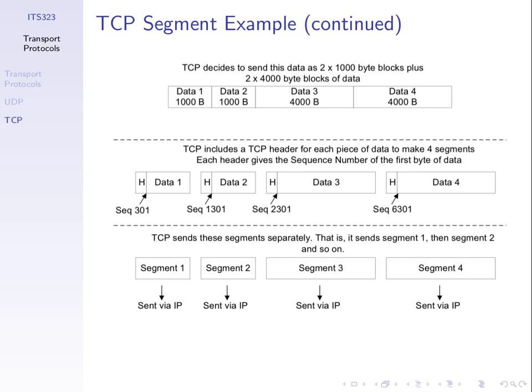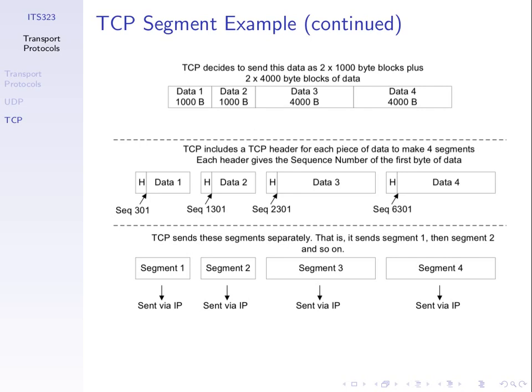Each of these 4 segments is then sent as an IP datagram. So TCP sends a segment to the network layer protocol in your computer, IP, which creates one IP datagram and sends it across the link and out into the internet, then the next TCP segment. So in fact, there will be 4 segments and 4 IP datagrams sent across the internet.